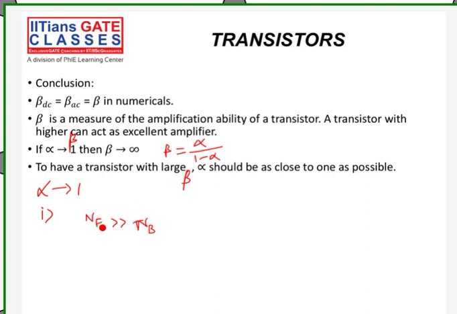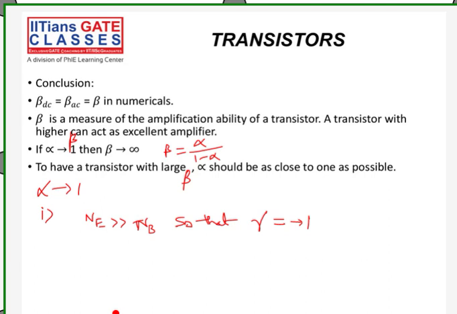Remember, emitter doping should be far greater than the base doping, so that emitter efficiency gamma comes near to 1. Then alpha should be very close to 1 and beta should be very large.